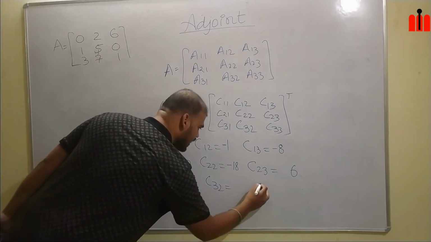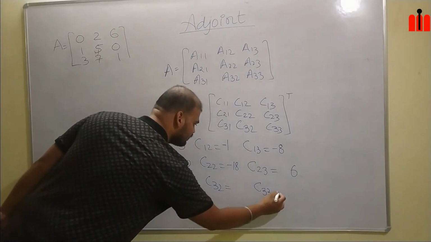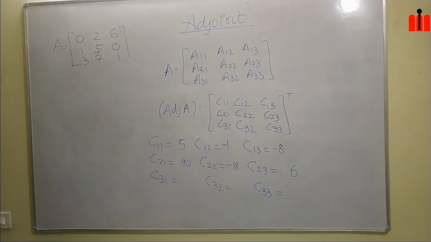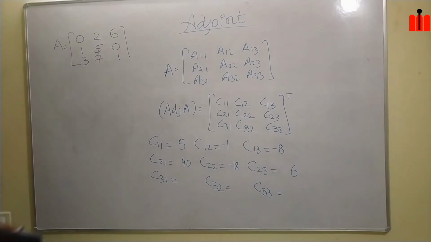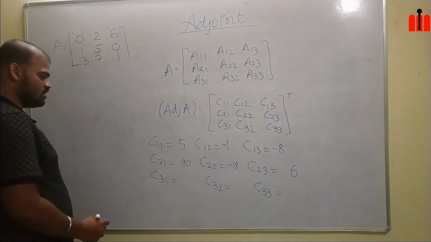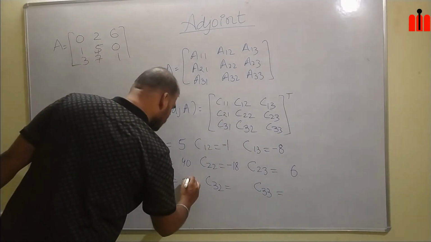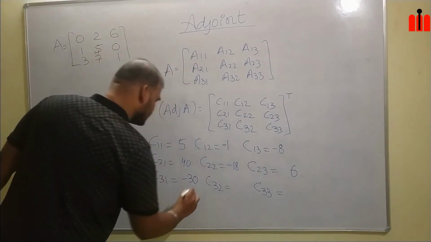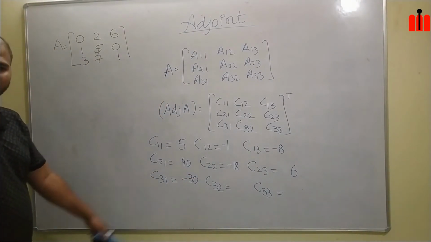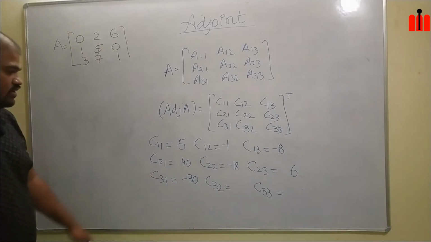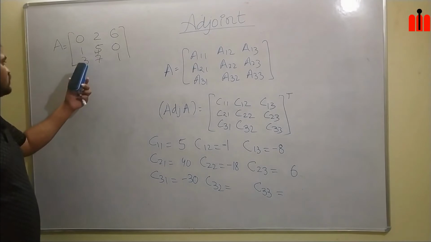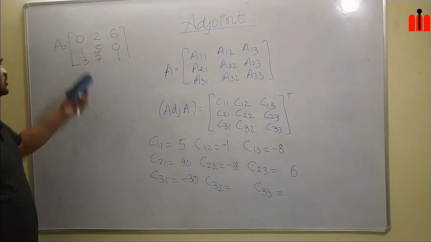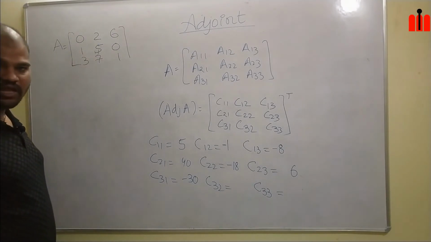Now C31, C32 and C33. How do we find these cofactors? For C31, third row and first column we have to strike off. 2 into 0, 0, 5 into 6, 30. So it will be 0 minus 30, minus 30, and C31 is the same as M31. Now C32 will be minus M32. What will be M32 for this? 0 minus 1 into 6, minus 6.